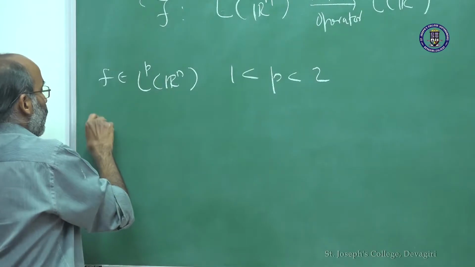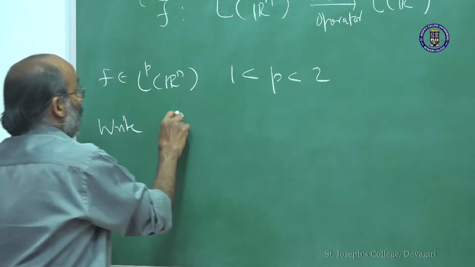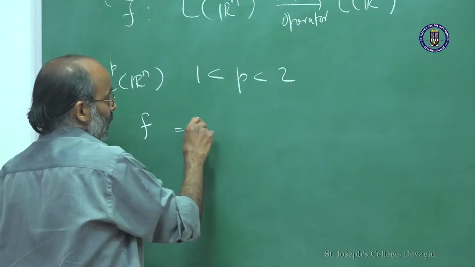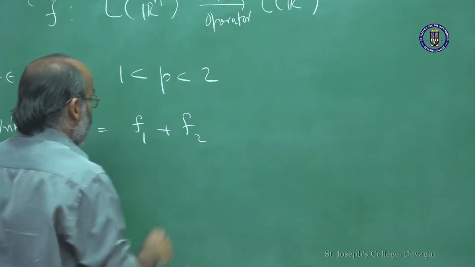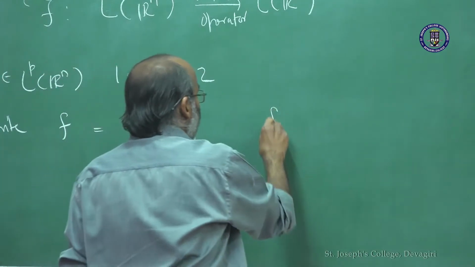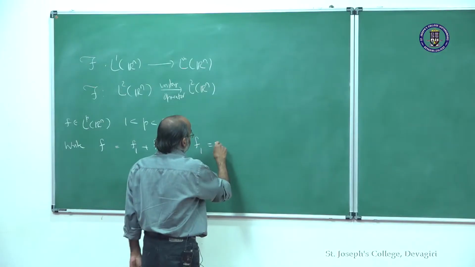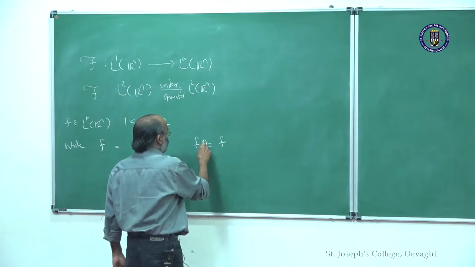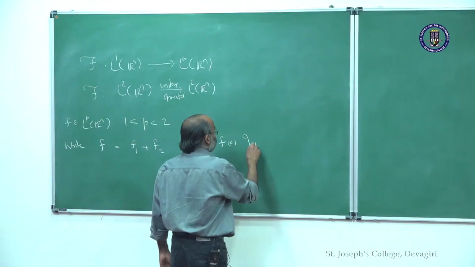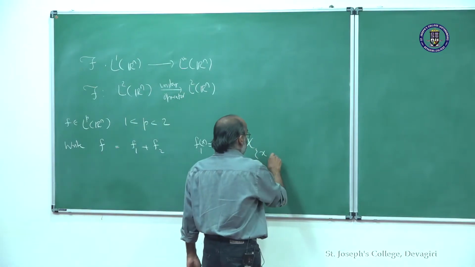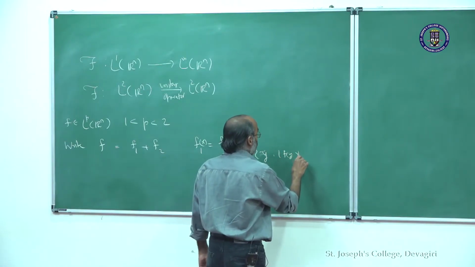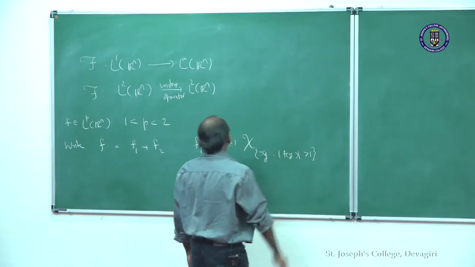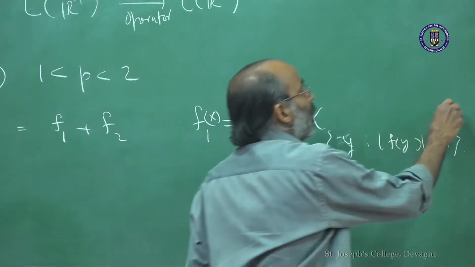Okay. So, write F as let us say F1 plus F2. Okay. What is F1? F1 at x is f of x times the indicator of the set where, so maybe y such that mod f of y is greater than 1. Okay. So, this would be in L1.